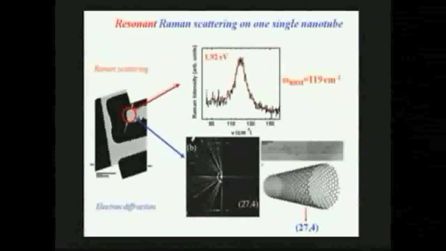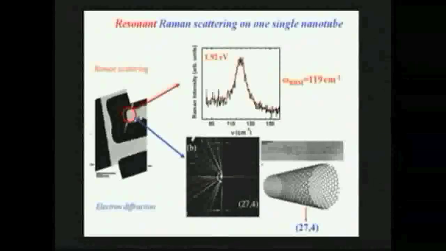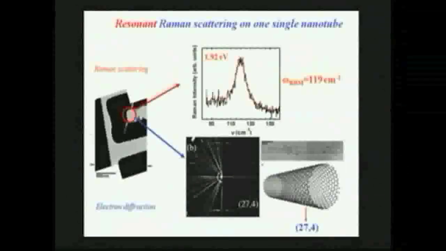Just for illustration, and also because that's exceptional, very unusual, I want to show you these results on one individual nanotube. Here you don't have a sample, you don't have a powder or composite. You have one single molecule. And once again, normally in Raman, you will never be able to measure any signal.